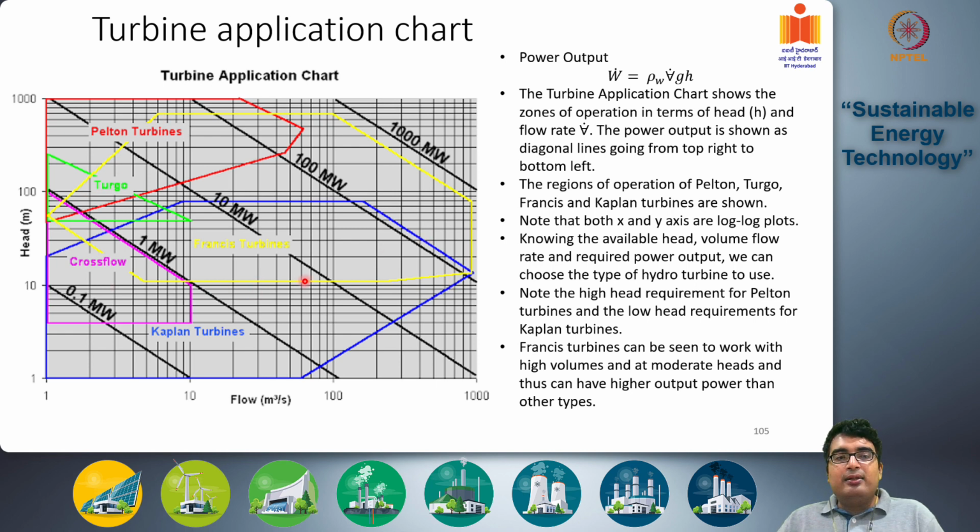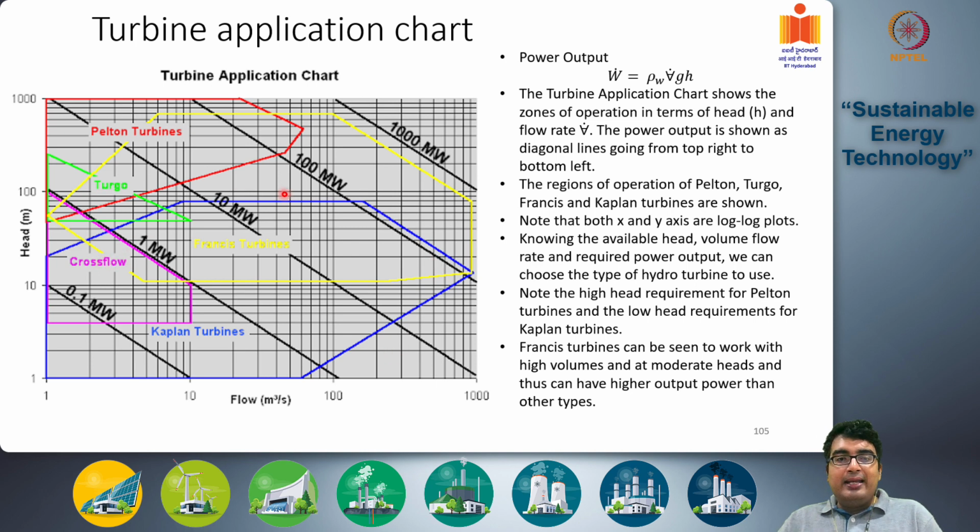You can see that Francis turbines can deliver 100 megawatts at very low heads and high volume. So if you have a high volume river with heads as low as say 20 meters, and volume is like 200, 300, 400, 500, 600, then also you can get 100 megawatt rated power output from a Francis turbine, which can operate at these high volumes and moderate head systems.